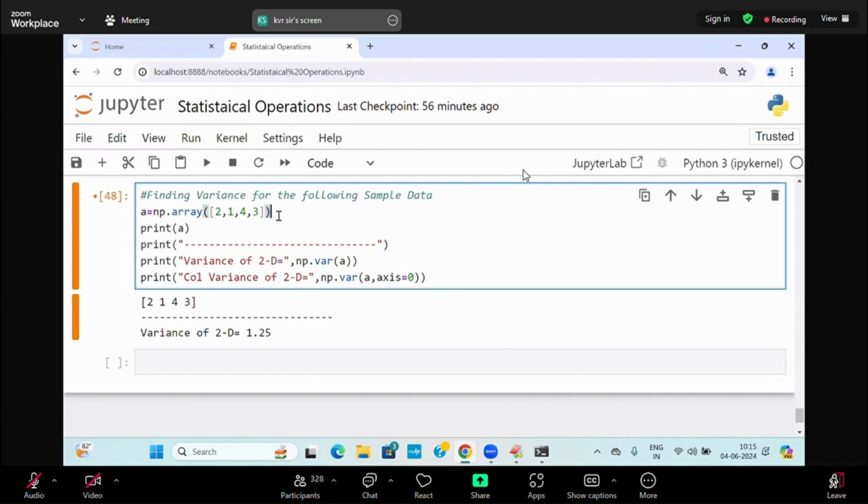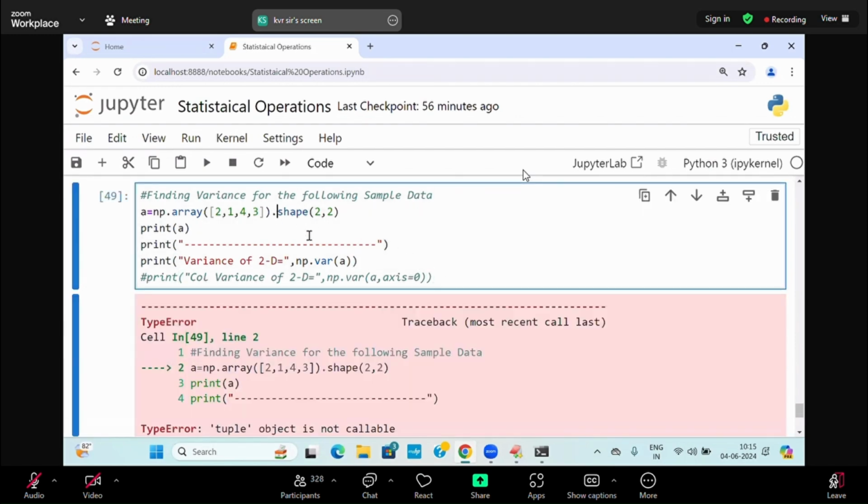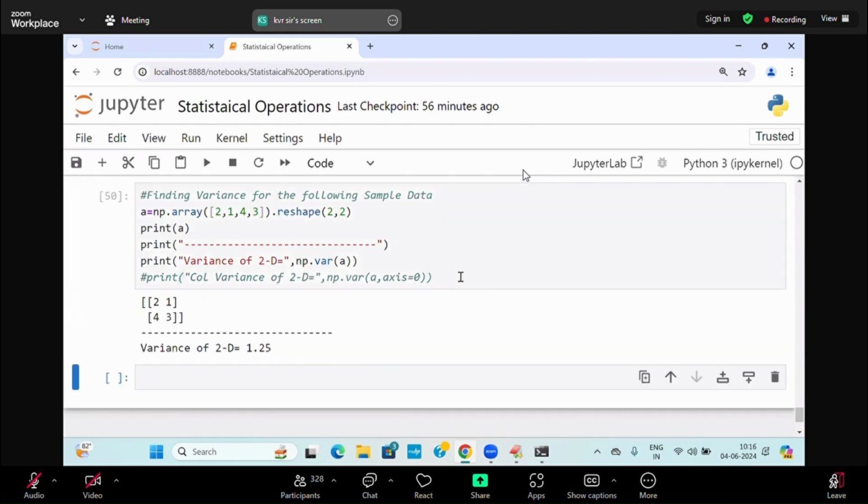One minute. I need to check the shape, 2 comma 2. Whether shape 2 comma 2 or 1D, the answer is the same only. First you check it out once. Reshape, yes. So the answer is going to be the same.